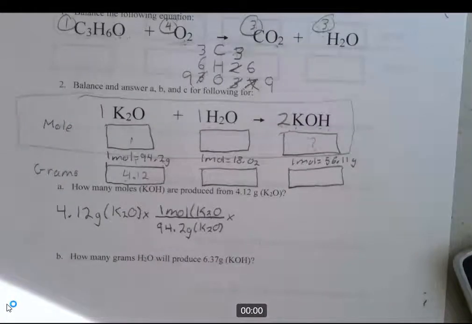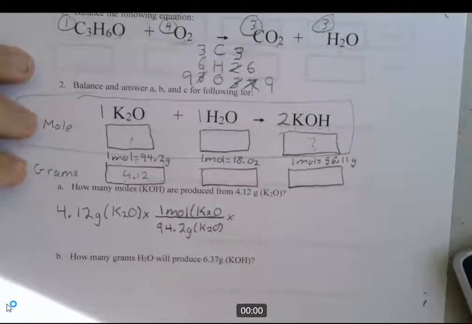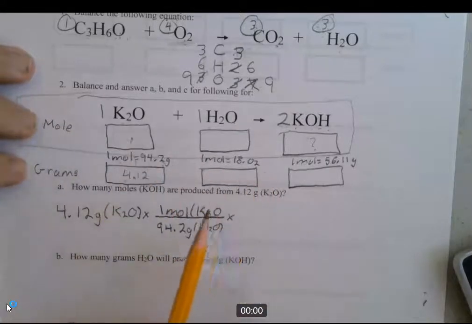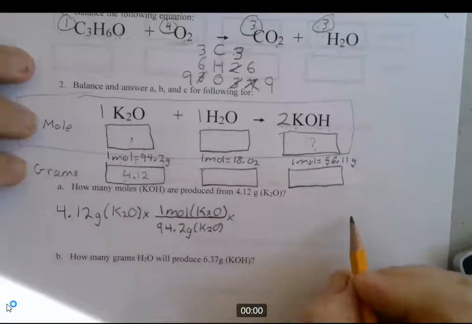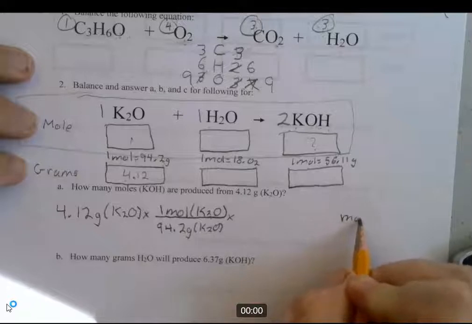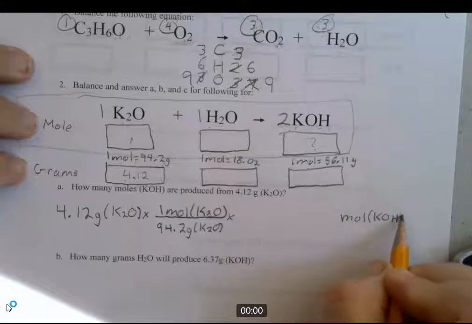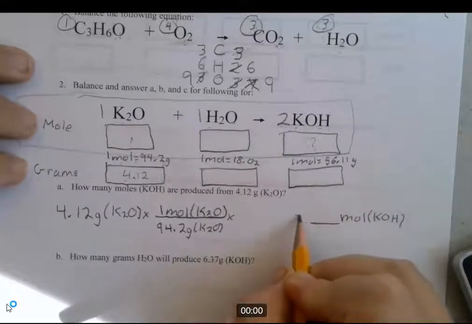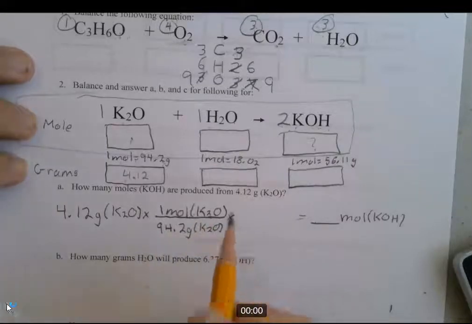All right? So now we're ready to move across here. So we need moles of K2O to cancel out, and our final answer, I didn't write it down here, but let's go ahead and do that. We need the last man standing to be moles of KOH way down here. So this last conversion has to make moles of K2O cancel out and moles of KOH appear on the top.